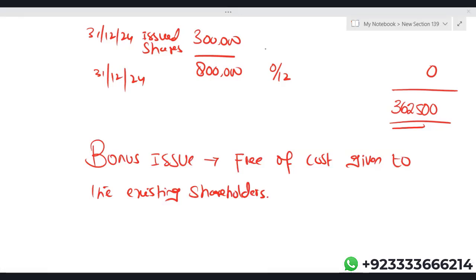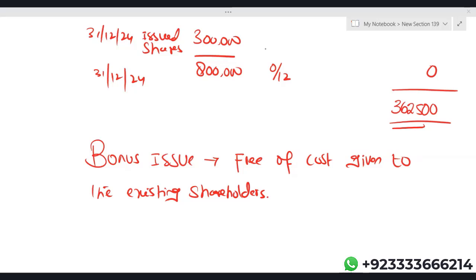So obviously this statement is false, because a bonus issue is free of cost, you're not getting any funds from your shareholders. So if the examiner asks whether this statement is true or false, obviously it is a false statement. By issuing bonus shares, you cannot raise any finance, because bonus shares are given to the existing shareholders free of cost.